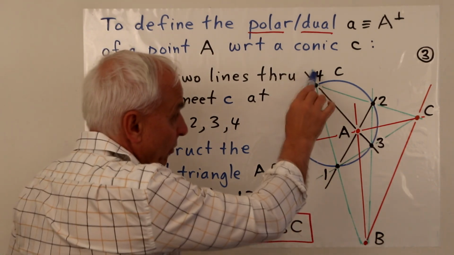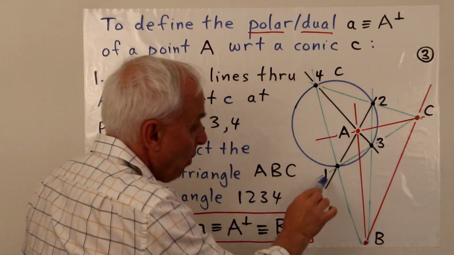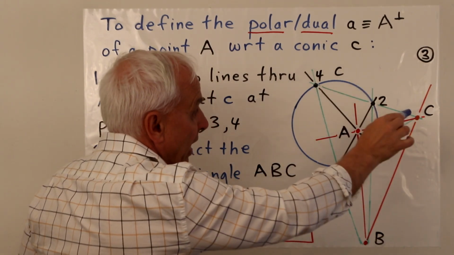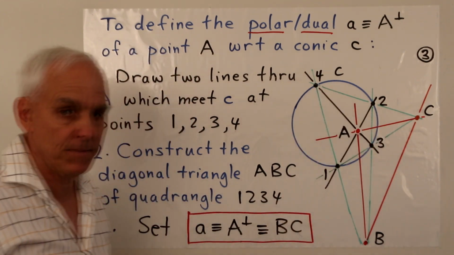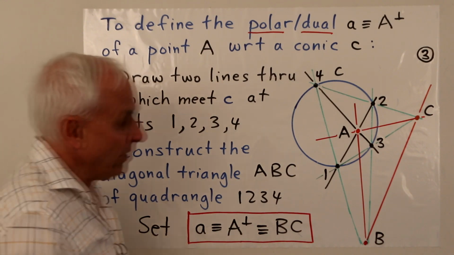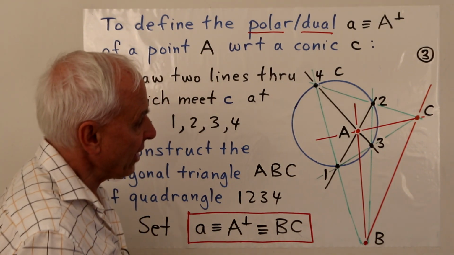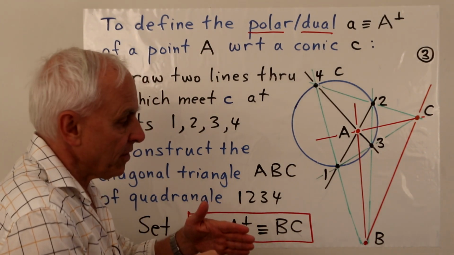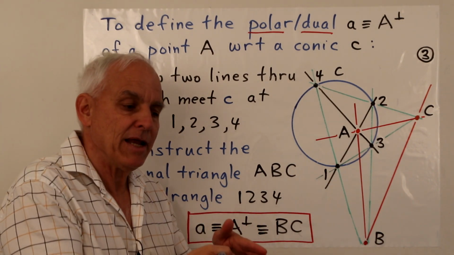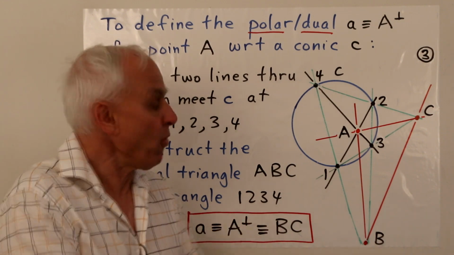So we can draw, for example, 1, 4 in green, 1, 3 in green, 2, 3 in green, and 2, 4 in green. Well, then what happens is that those 4 green lines will meet in some additional points.